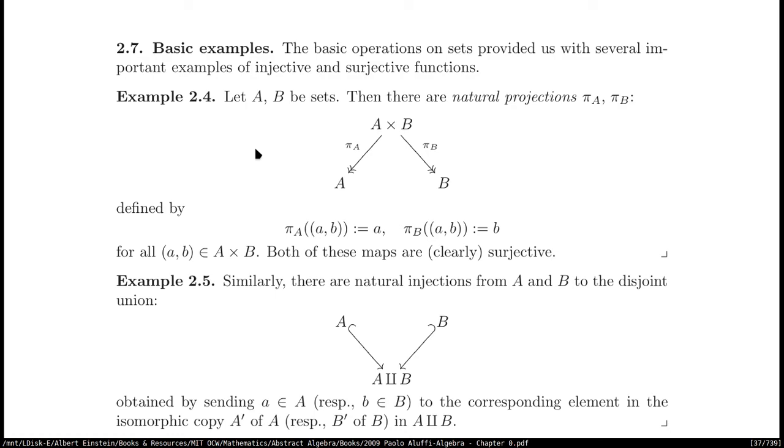They let you take each of these components out. So pi sub A lets you go from A cross B to A, and that's how you pull out, roughly speaking, one of the factors from the Cartesian product.